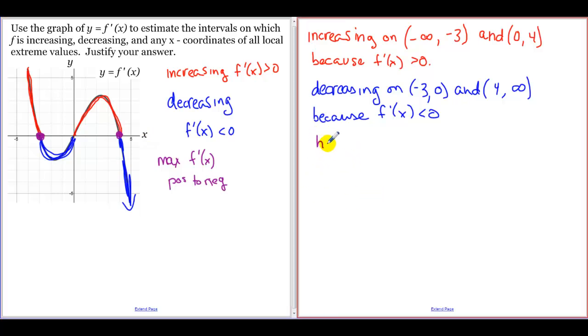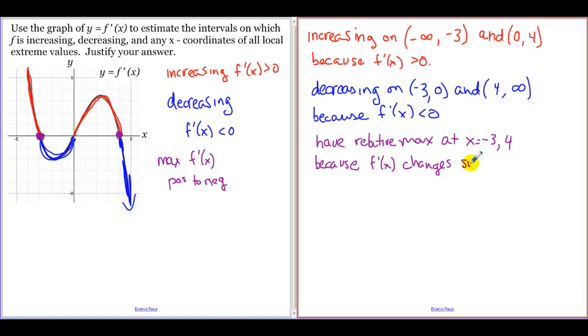So we have a relative max at x equals -3 and 4 because f prime of x changes signs from positive to negative.